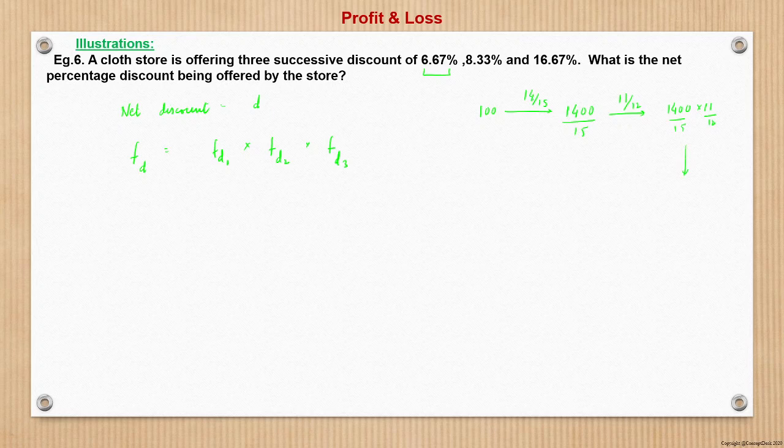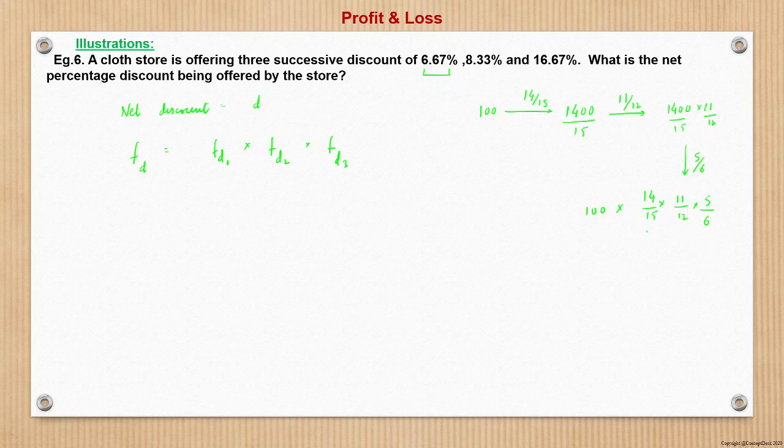And from here it is 16.67% down. 16.67 is 1 by 6, 1 by 6 down with respect to 1, that means 5 by 6. So the final value will be 14 by 15. This becomes 100 into 14 by 15 into 11 by 12 into 5 by 6, right?